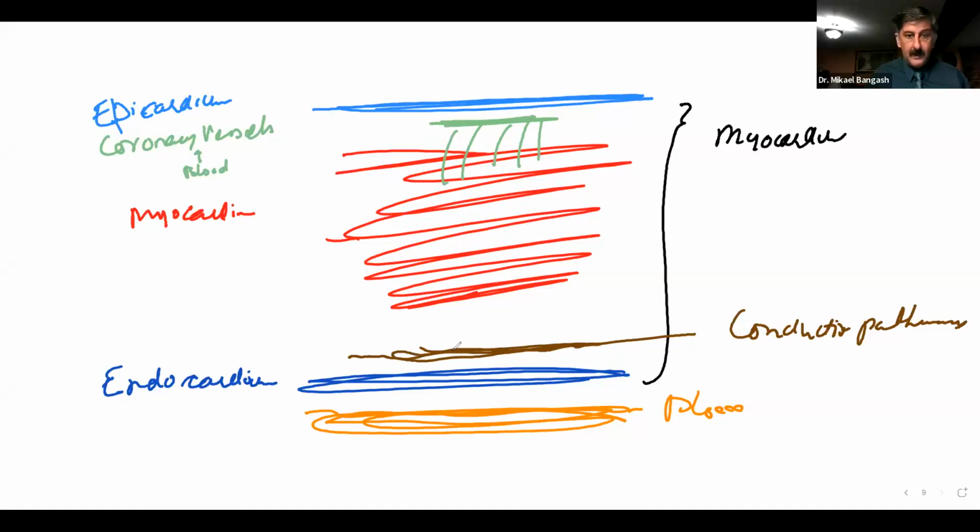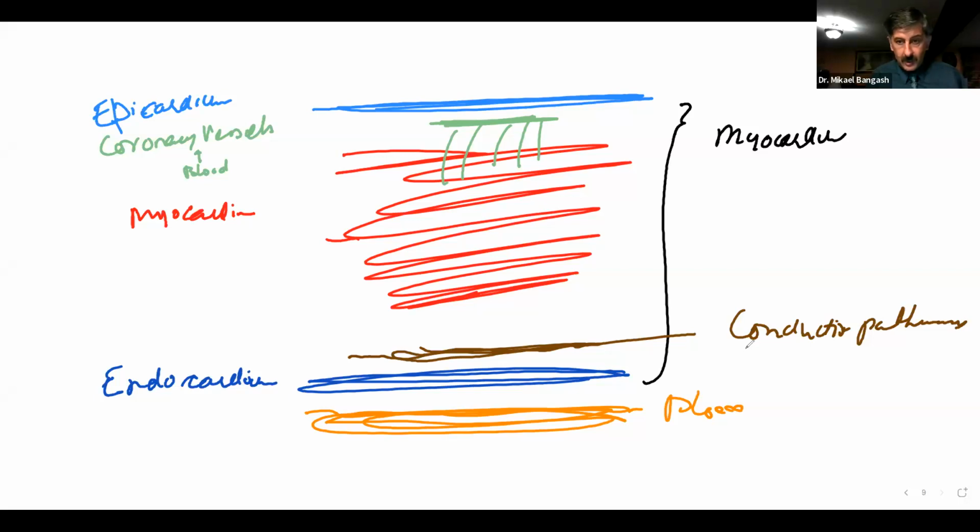But where do we find that conduction system? It's in between the myocardium, the actual muscular bulk of the heart, and the endocardium. Did that make sense?